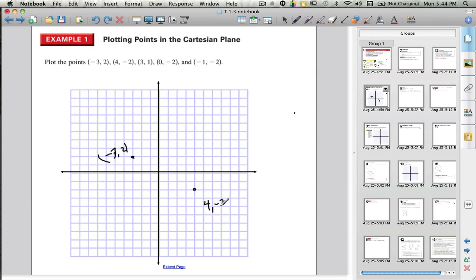Then 3, 1, and -1, -2 would be right there. Okay, so this should all be stuff you're really familiar with. Let me clean this up a little bit. So this was -3, 2. Okay, that's just plotting points on the Cartesian plane.